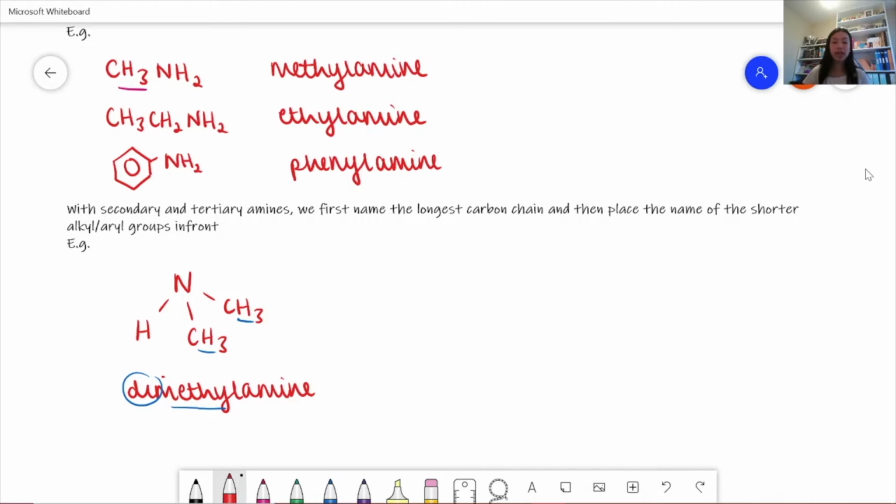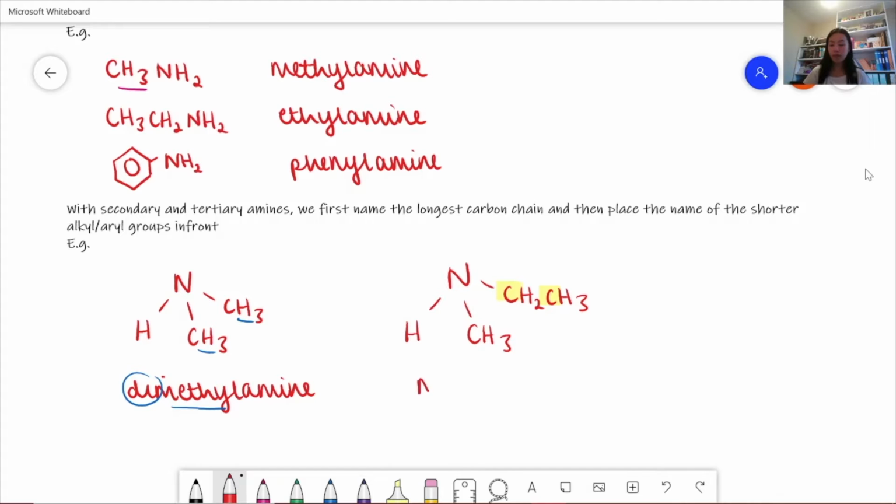And then we could also get a nitrogen with a hydrogen and a methyl and also an ethyl. And what we would do here is first we need the longest chain. So the longest chain would be this ethyl here because it's got 2 carbons. And so that's what goes with the amine.